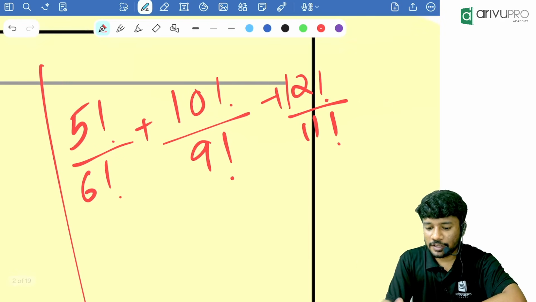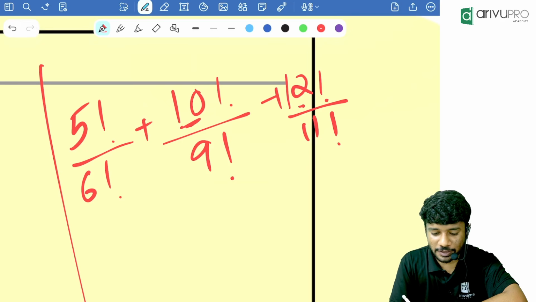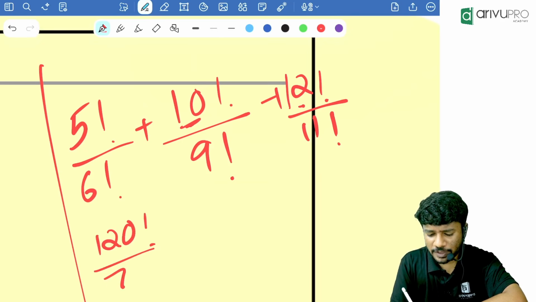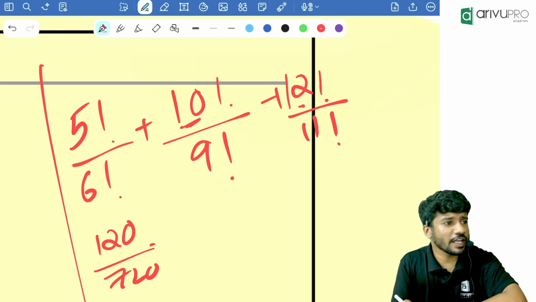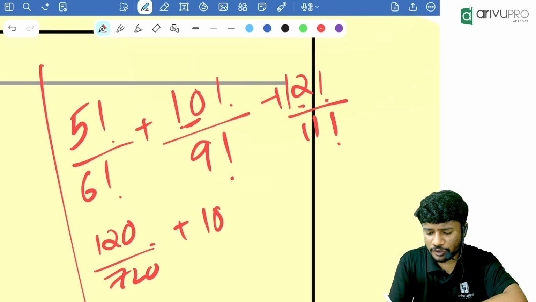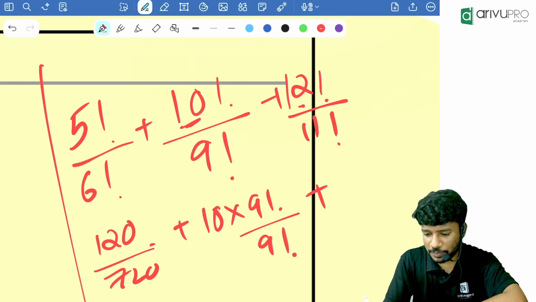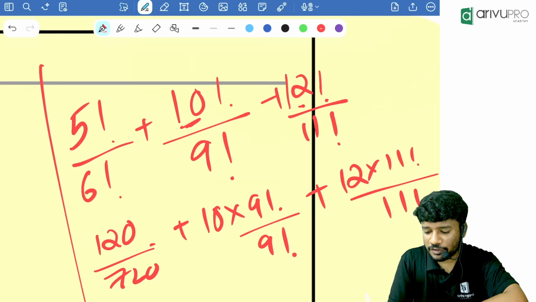Here, we don't know the correct value of 10 factorial, we don't know the correct value of 12 factorial. So what will be the easiest method? So 5 factorial we know, just write it. 120 divided by 720, that's fine because we know the value. Plus 10 factorial, how will you write that? 10 into 9 factorial divided by 9 factorial plus 12 into 11 factorial divided by 11 factorial.